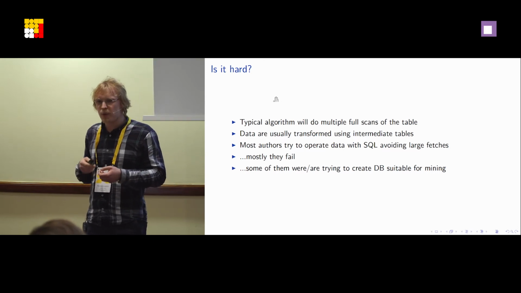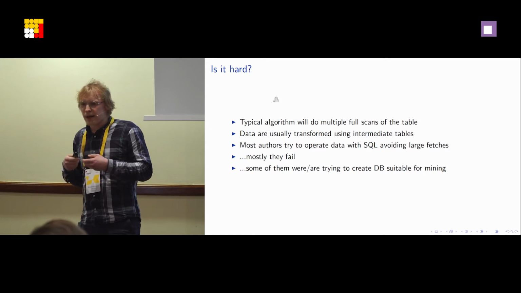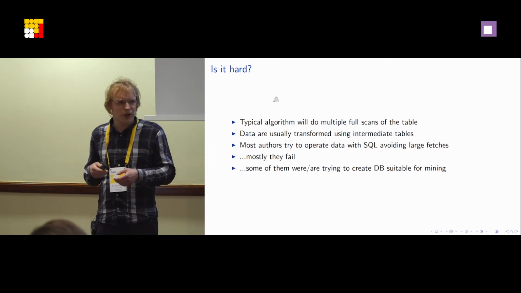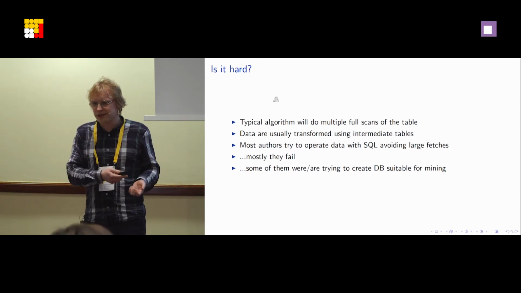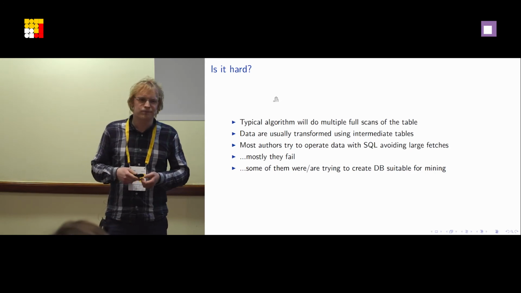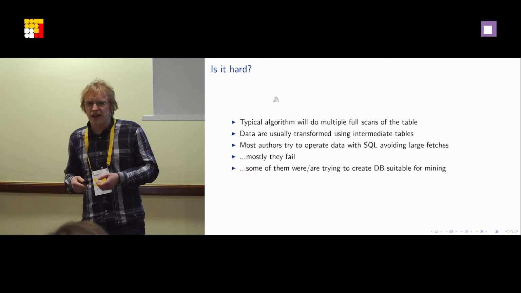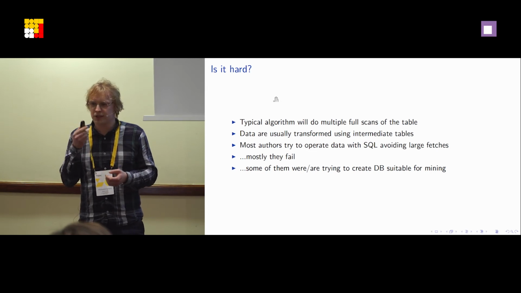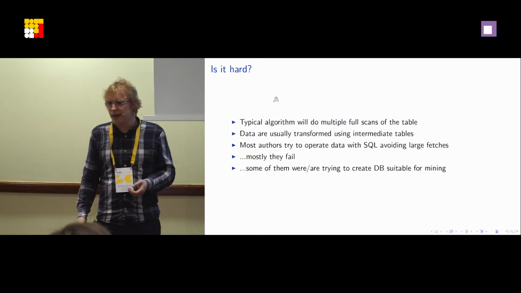An interesting thing is that most algorithms in this field were originally purposed for SQL systems, and authors were trying to avoid fetching data from SQL systems, but mostly they failed because SQL systems were not able to do a lot of functions, and they are not particularly good when you try to read the whole database in one scan, in a full scan.